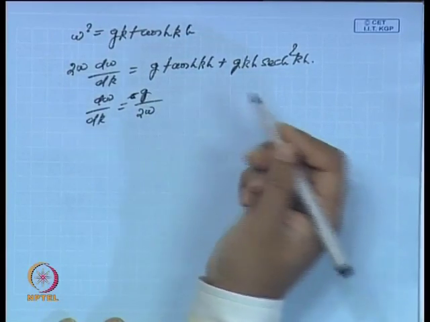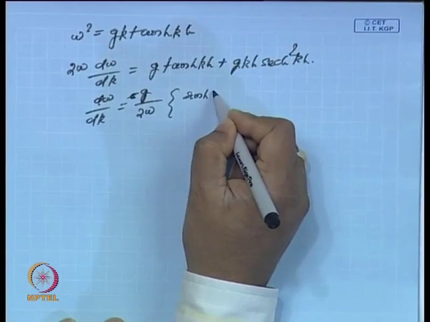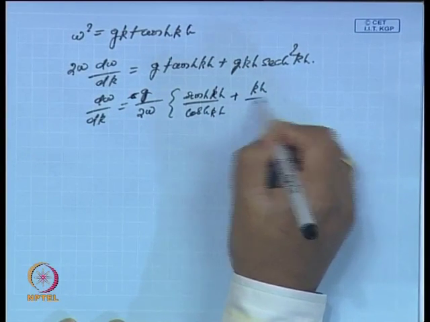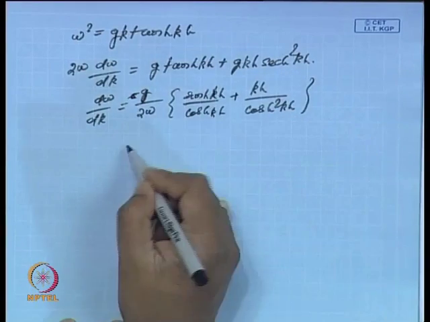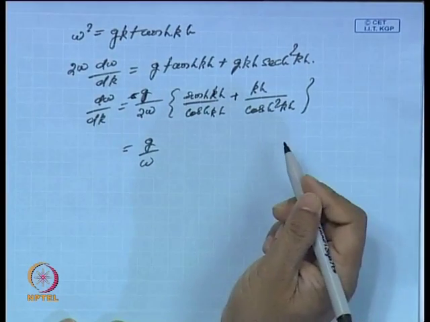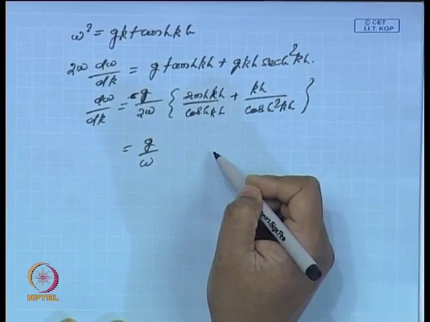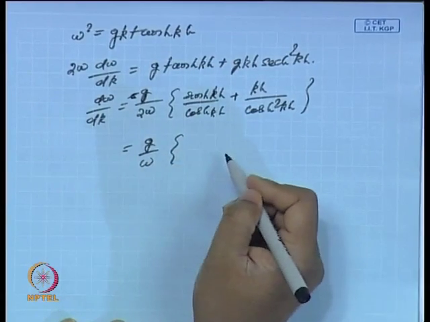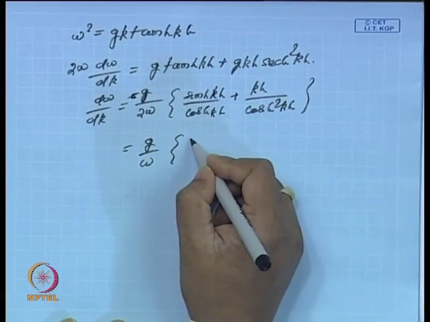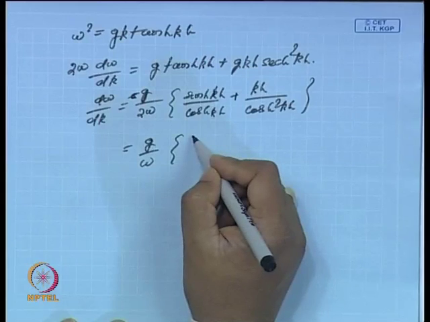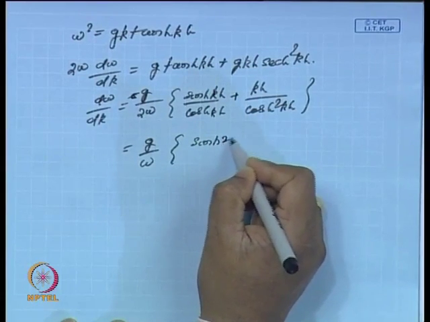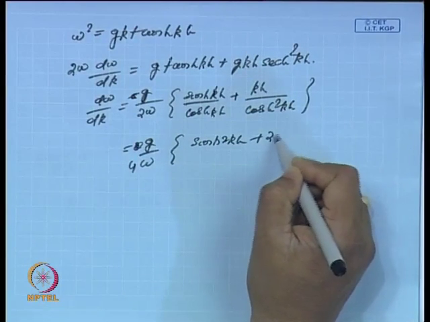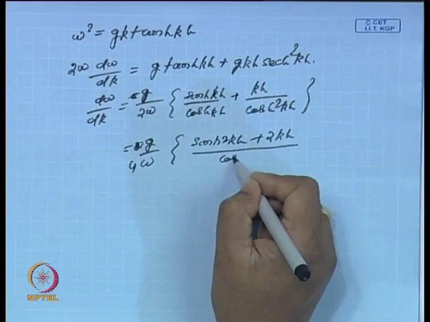This will give me g, and if I take sin hyperbolic cos hyperbolic, call it sin hyperbolic 2 k h, divided by cos hyperbolic square k h.